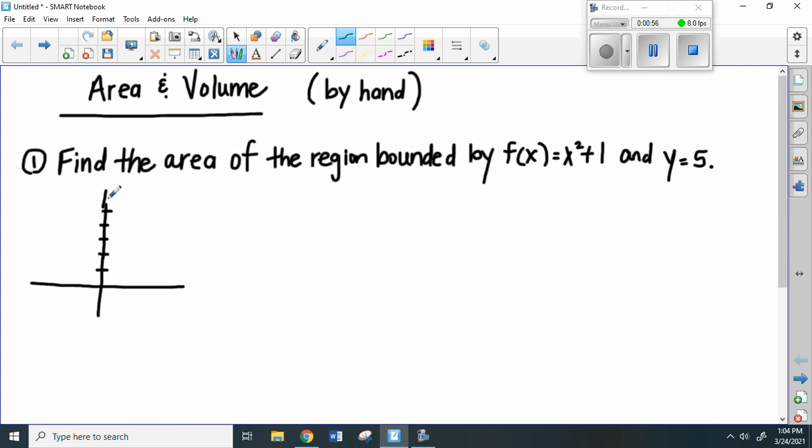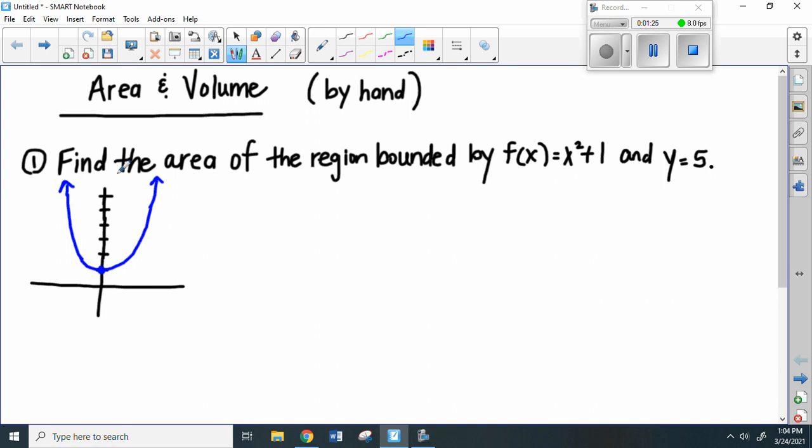So, that's sloppy. Give me a second. And that's what I wanted, but okay. All right. I just want to extend. Okay. So we have our basic parabola with vertex at 0, 1 as opposed to the origin.